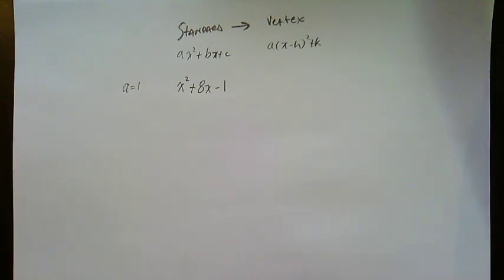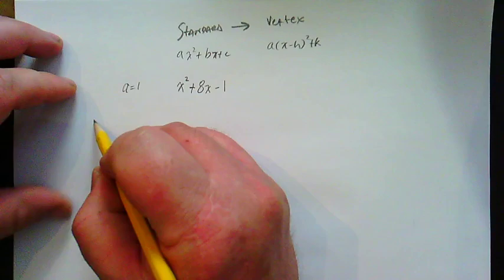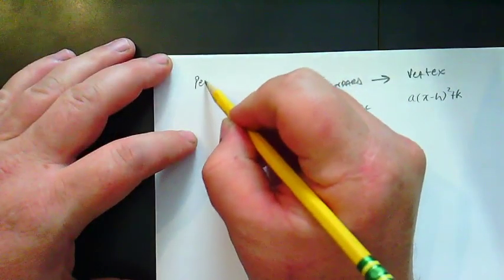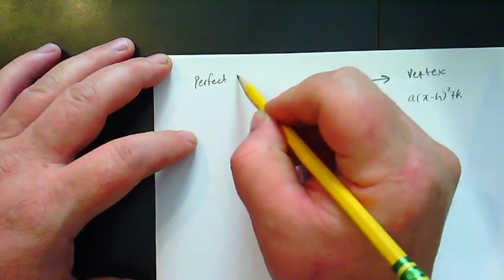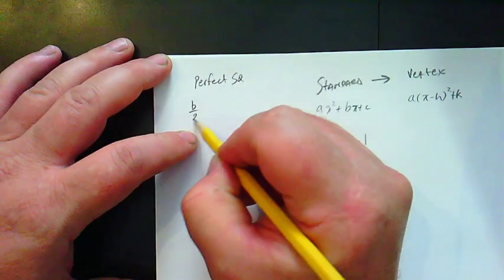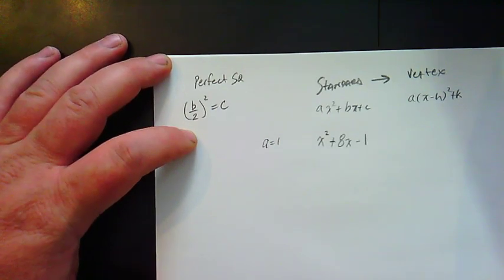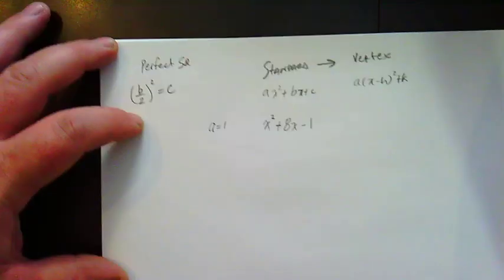So you're right, you do have to complete the square. And if you remember, when you're completing the square, there's a relationship for a perfect square. For a perfect square, if you take half of b and you square it, that's going to be equal to c. Do you remember that? Half of b squared will equal c. So here's how we do that.